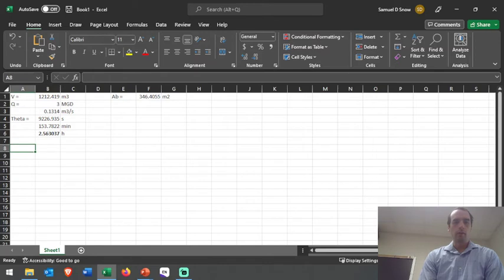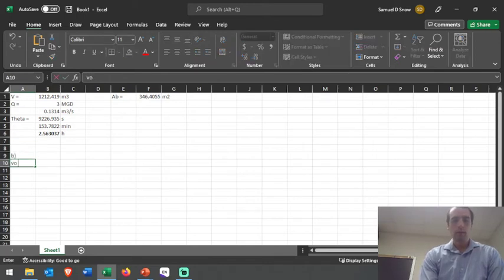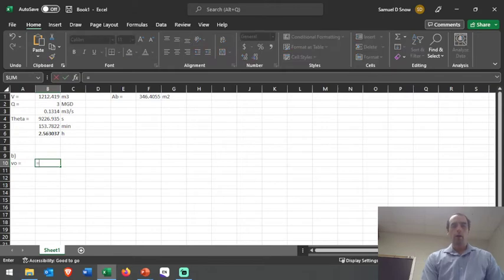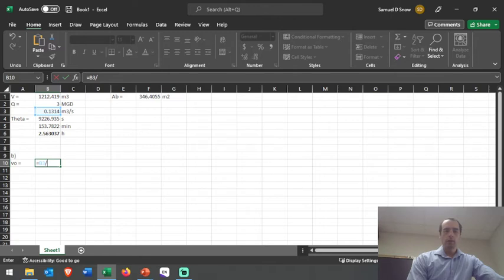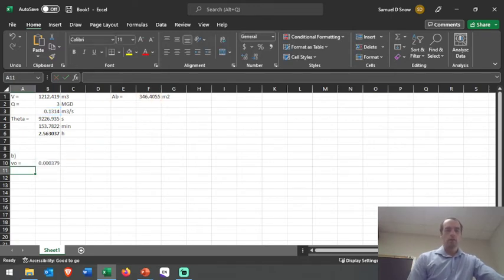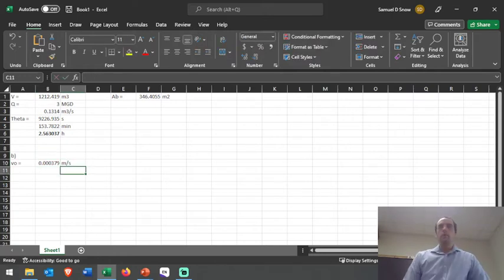So with that, part B, we have V naught equal to our Q, which is here, divided by the area of the basin. If you remember when we were introducing the whole concept of sedimentation, we were thinking conceptually, how many meters will a slow falling particle fall in a second?